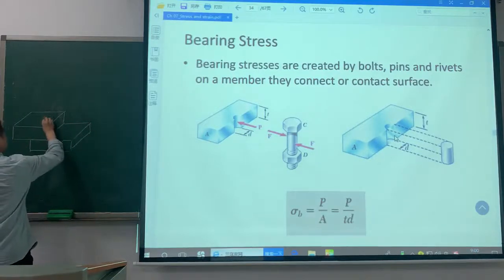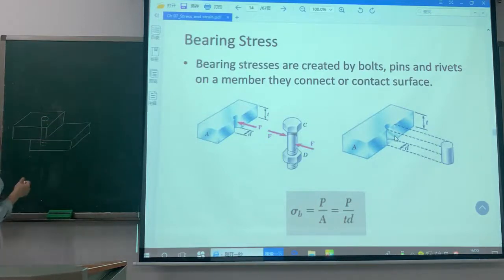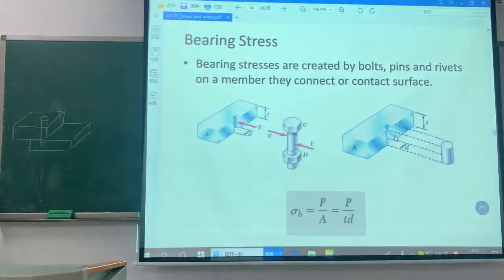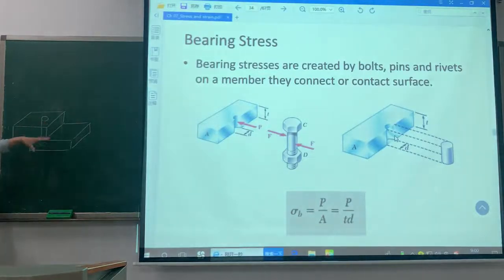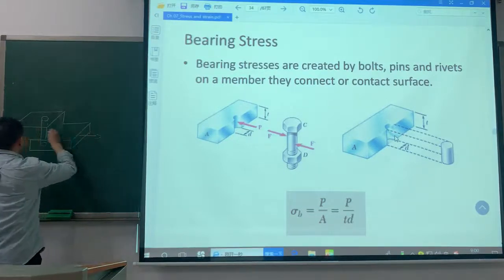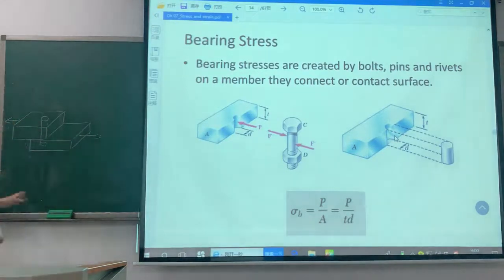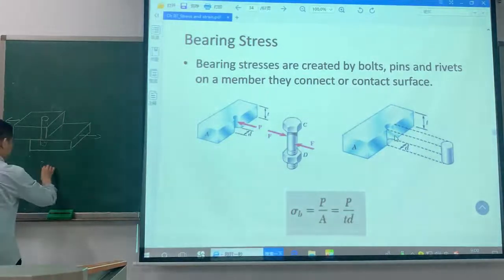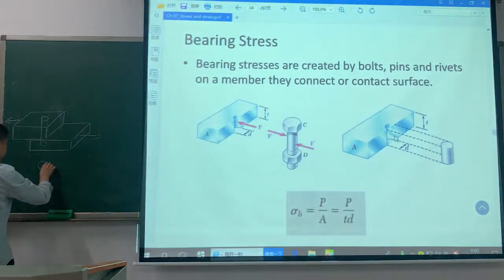And in practice, if you want to connect the two plates, we have to bolt each other. The free body diagram of the bolt is like this.